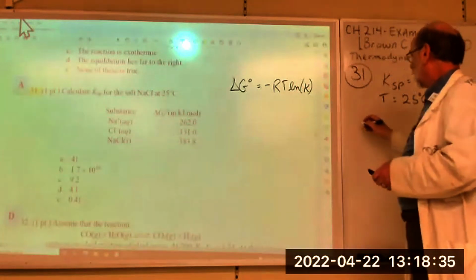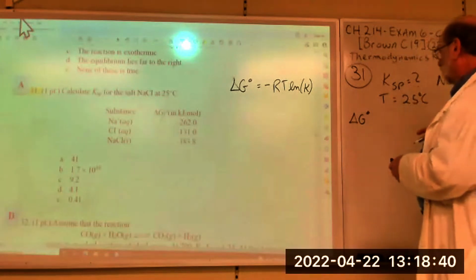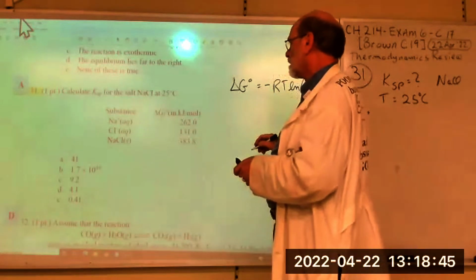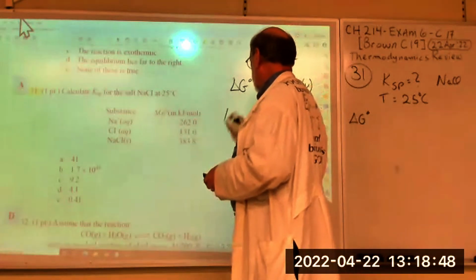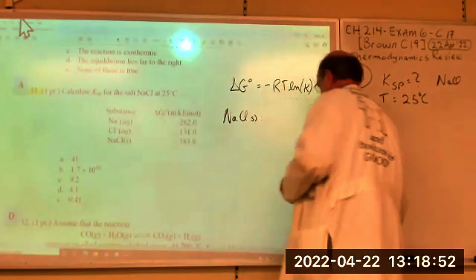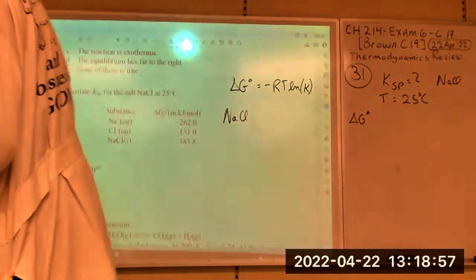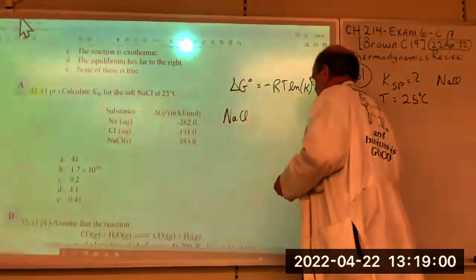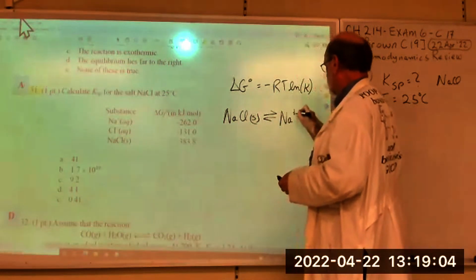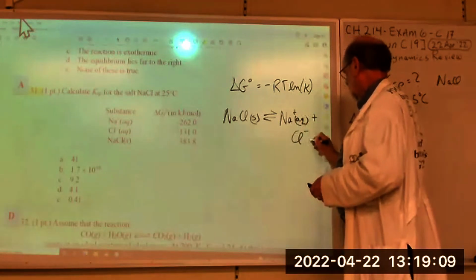In order to do that, we know that the delta G for the reaction, and let's put the reaction over here, solubility product. So we're going this one. Actually, we want to put a solid there. Yeah, okay. And we're going to here plus here.